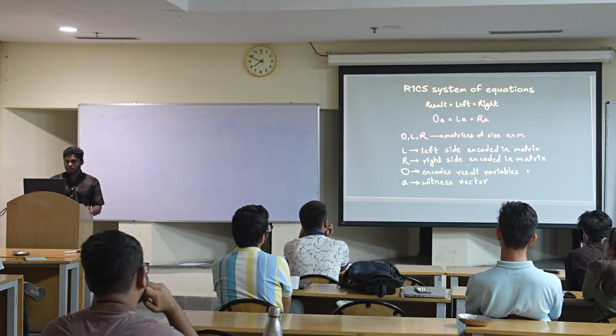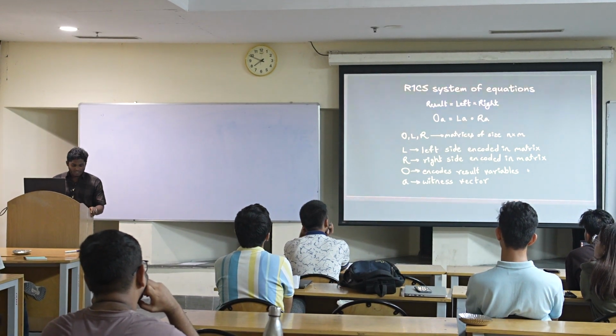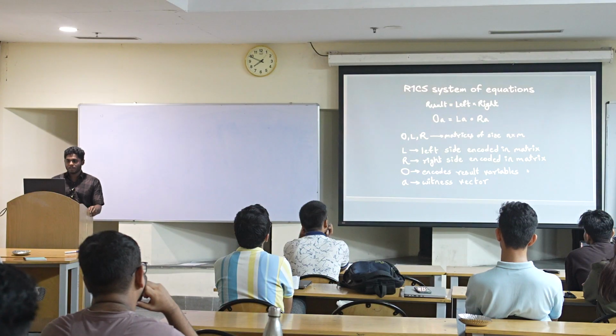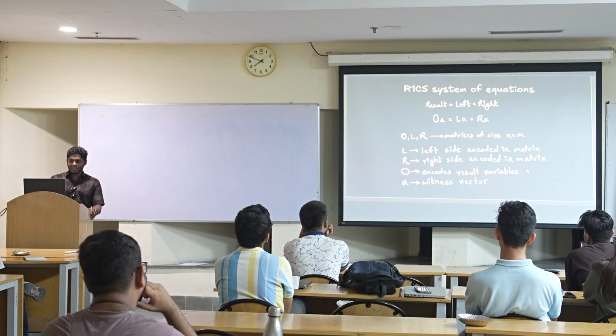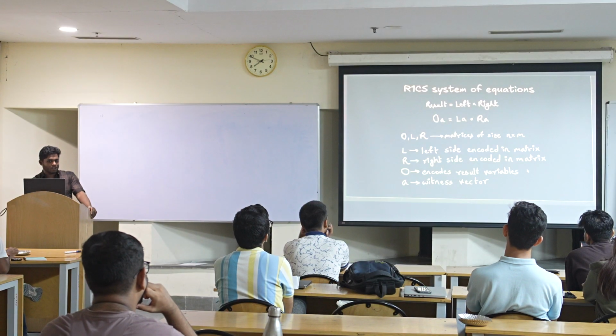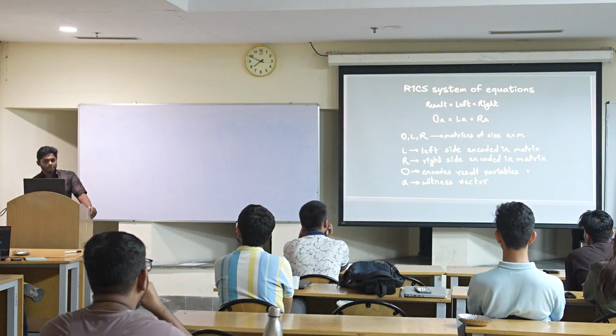Okay. So R1CS system of equations. So this is a format of equations. So result is left into right, and the left and right elements have their own significance. So we cannot shift the left element to right or vice versa. Okay.